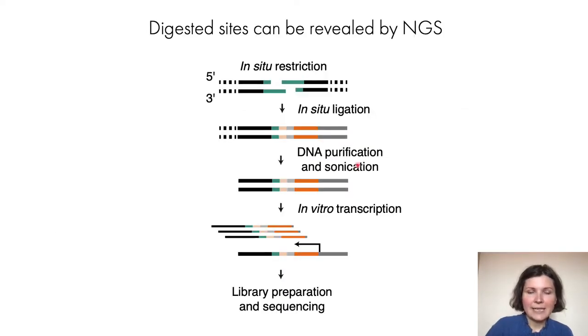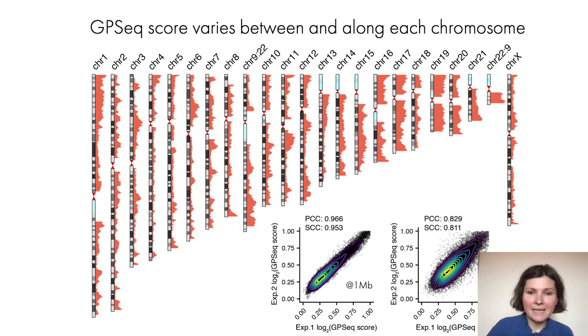Now, if instead of ligating Y-shaped linker, we ligate a linker that supports sequencing, we can generate sequencing libraries from these individual time points. And when we combine the sequencing data all together, we generate for each locus so-called GPSeq score that tells us about its radial location, how distant it is from the nuclear periphery or the nuclear center.